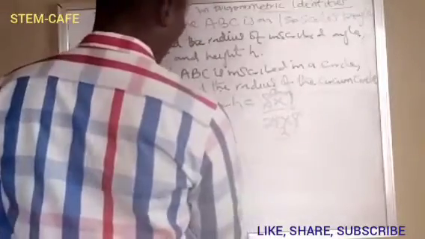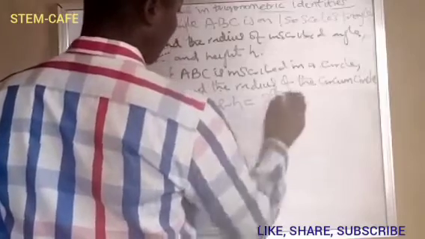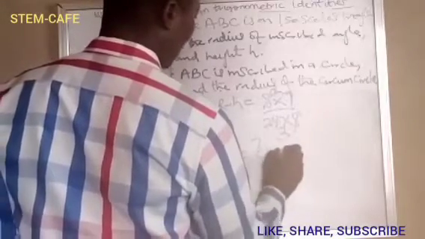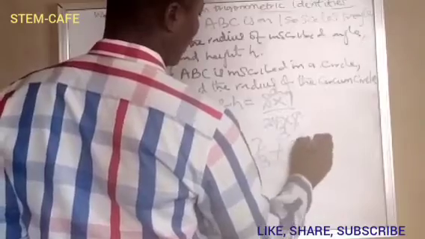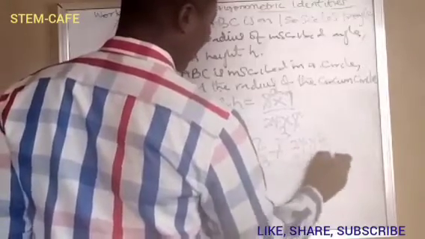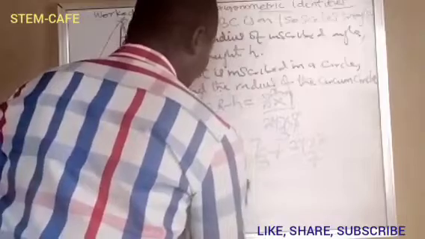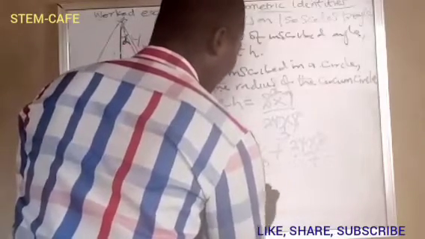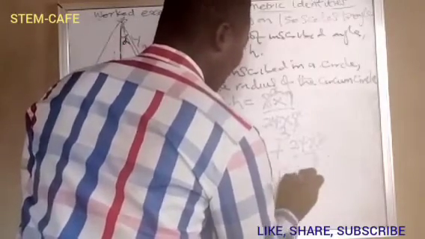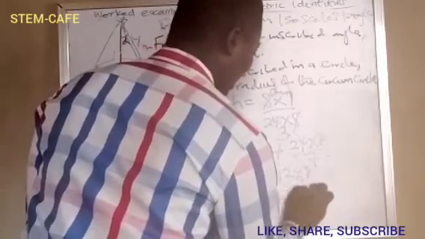So 2R will be equal to 7 over 3 plus 24 times 8 over 7. So R will be equal to 7 over 6 plus 12 times 8 over 7.